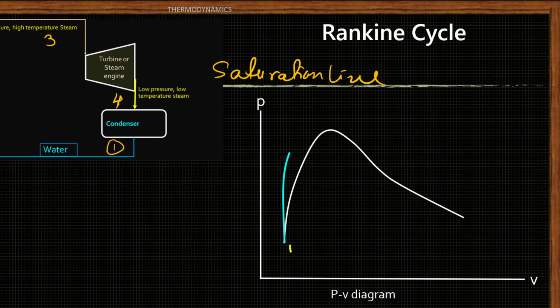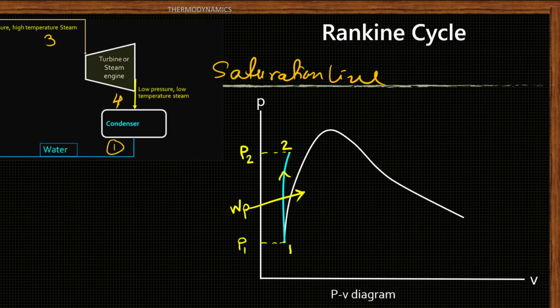So this is the pumping process 1-2, and this is the low pressure, say P1, and this is the high pressure, which is also called the boiler pressure, P2. P1 is the lowest pressure, and it is also the condenser pressure. During process 1-2, the work done is WP. This is work input to the system.